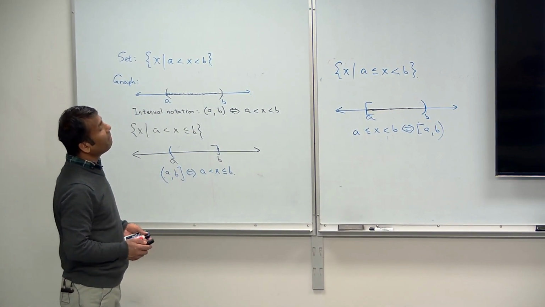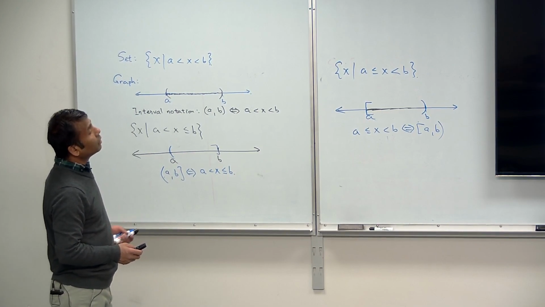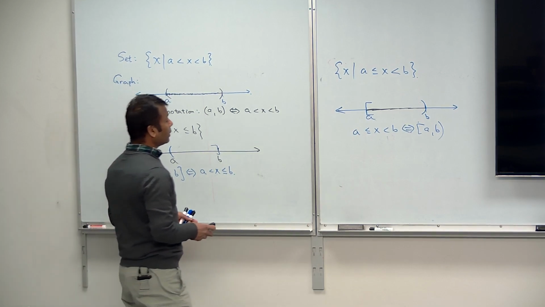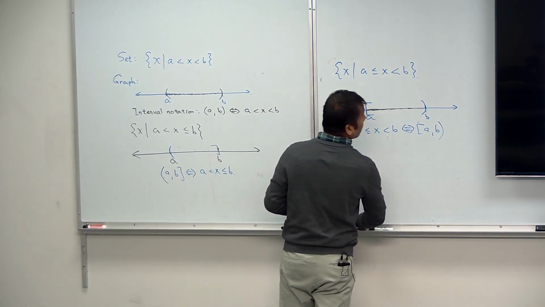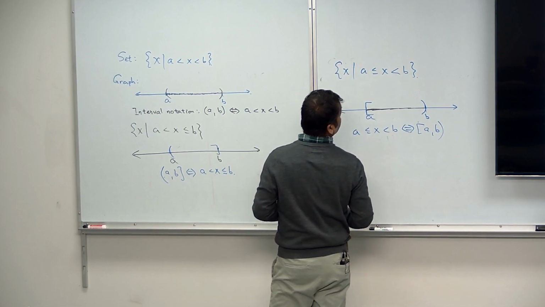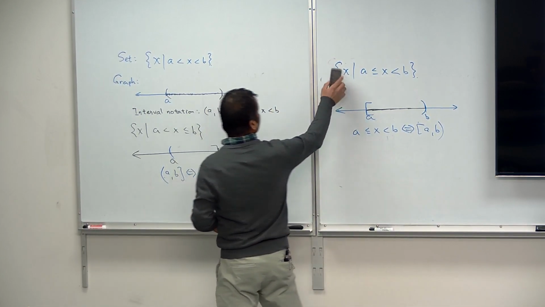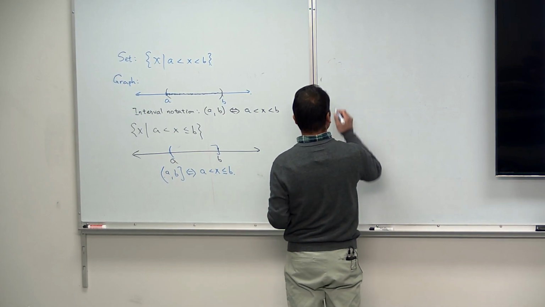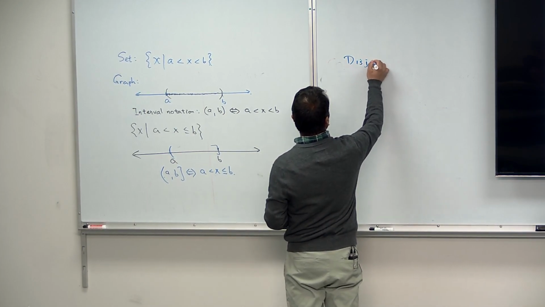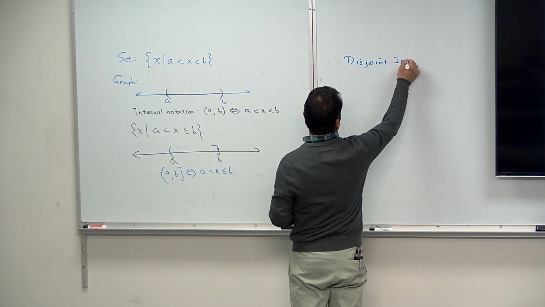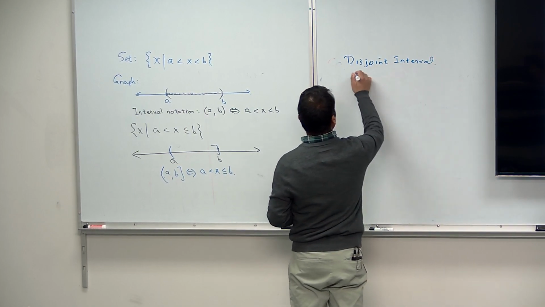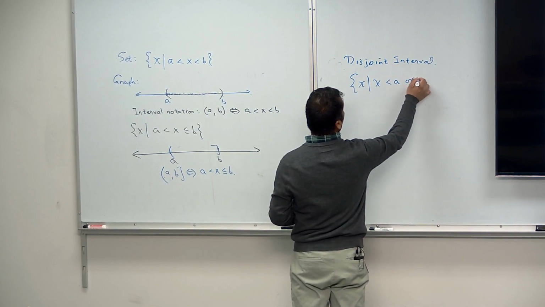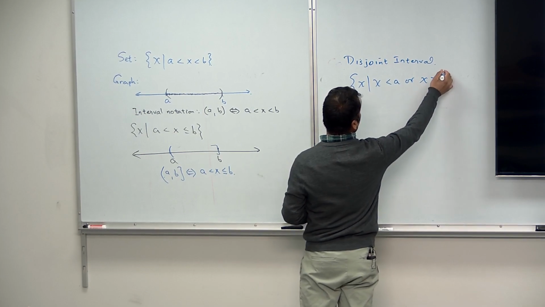Okay. And then we have a disjoint interval. So let's say you have a set of all x so that x is less than a or x is greater than b.